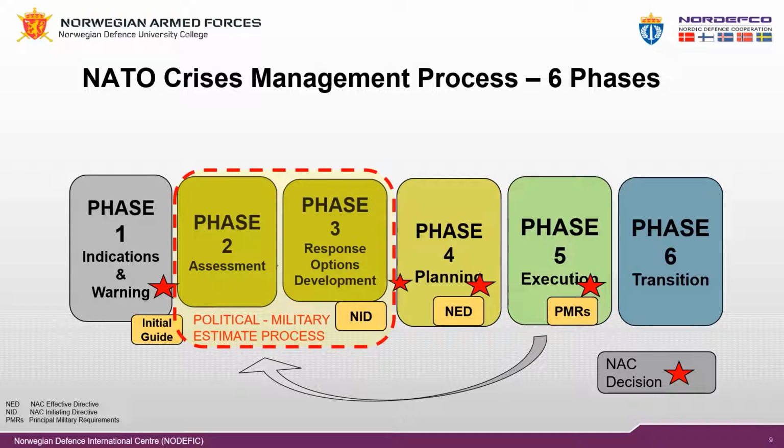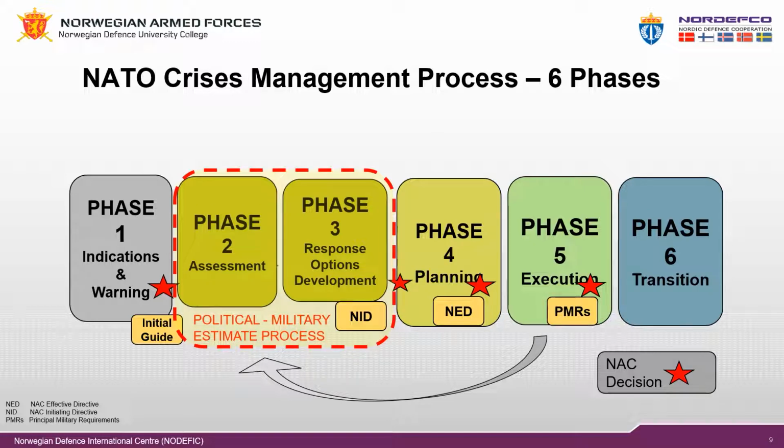The NATO Crisis Management Process is initiated once indications suggest that there is an emerging crisis that may affect NATO's interests. The NATO Crisis Management Process consists of six successive phases that generally conform with the cycle of a crisis. Phase 1, indications and warning of the potential or actual crisis.